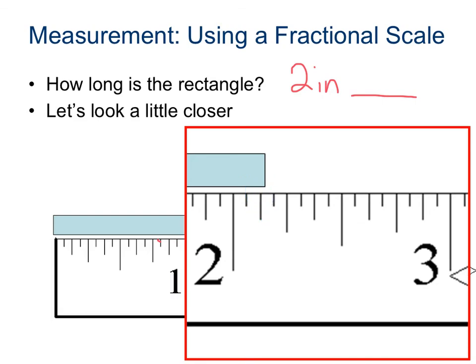Remember, if we go through our list, this is a 16th, that's a 16th, sorry, a 32nd, that's a 32nd. So if I count those, it's going to be 1, 2, 3, 4, 5. So that means that it's 2 and 5/32 of an inch. Okay, so you just have to keep on going.